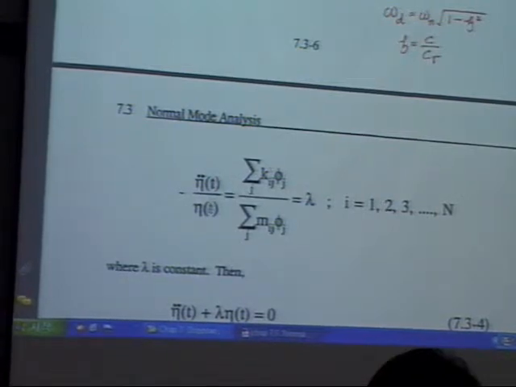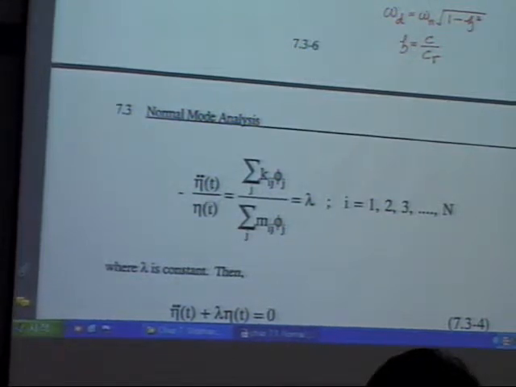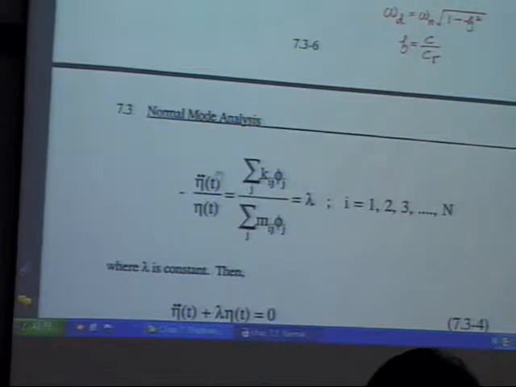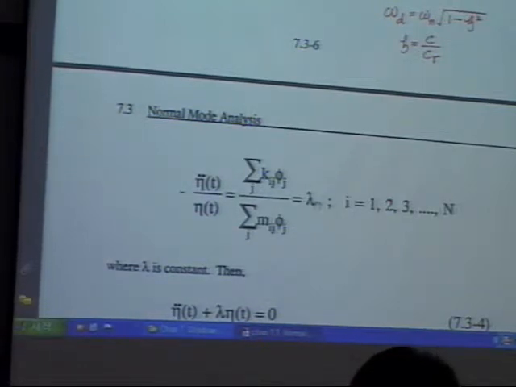But the first term is time dependent, right? This is equal to time independent. So a time dependent ratio is equal to a time independent ratio. What that means is that, to be valid, this has to be a constant. Otherwise, it's not going to work.